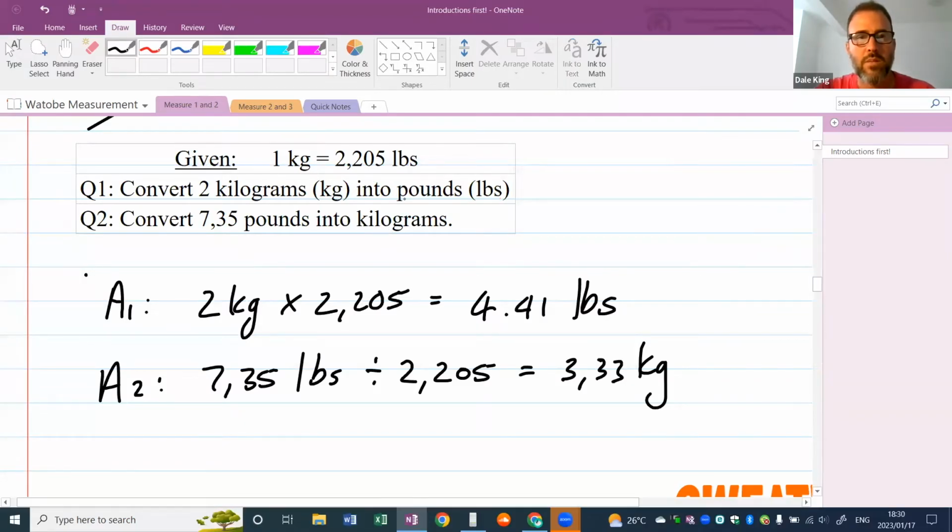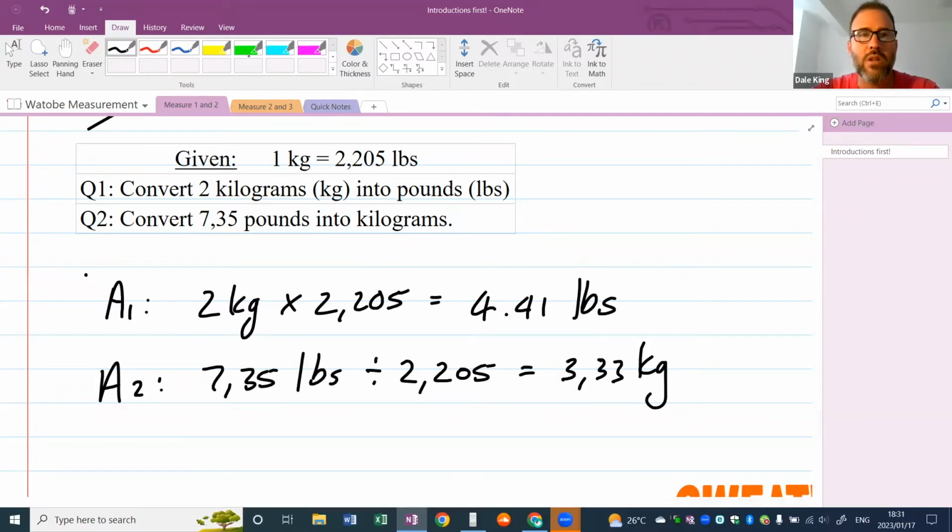So we're going to multiply. But in the second question, we're going to chop that 7.35 pounds up into 2.205 pieces. And that means it's going to get smaller. We chop it up. So we're going to divide by 2.205 and we're going to get 3.3. So when we increase it, we're going to times. And when we decrease it, we chop it up, we're going to divide.